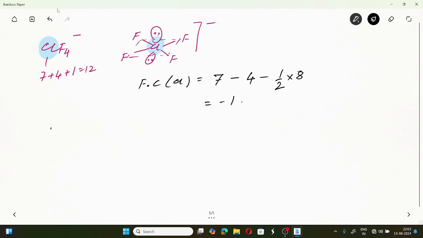Say SCN minus, thiocyanate. So you know that in thiocyanate the structure is like this.